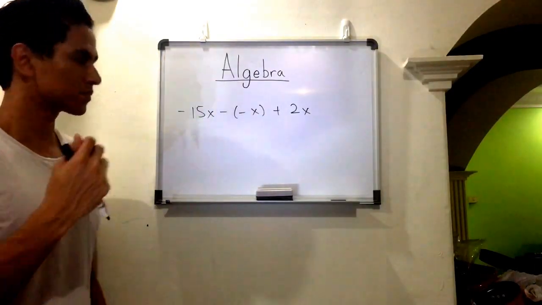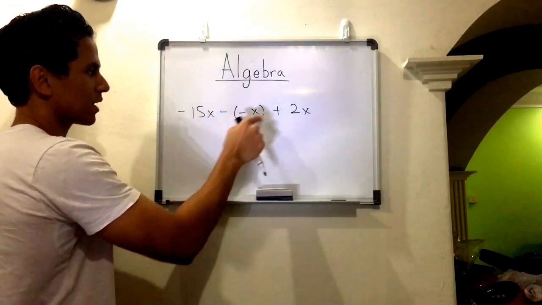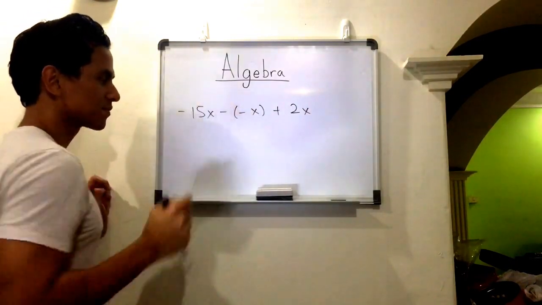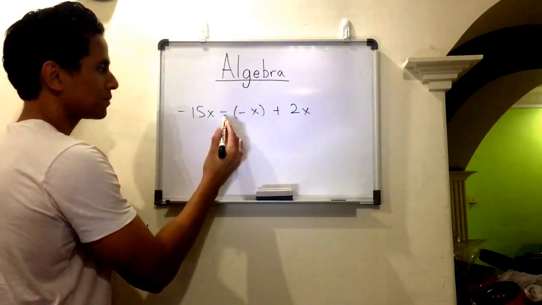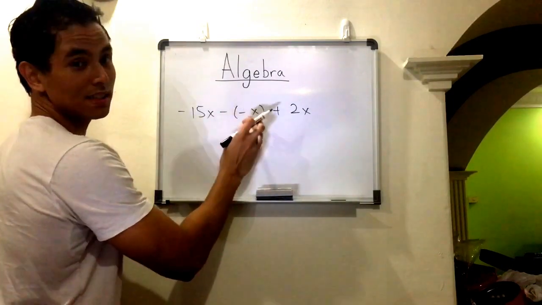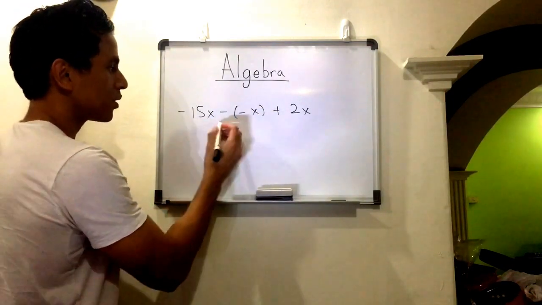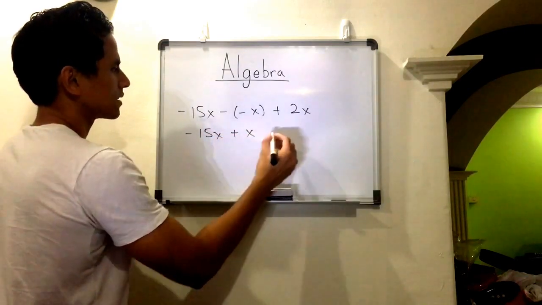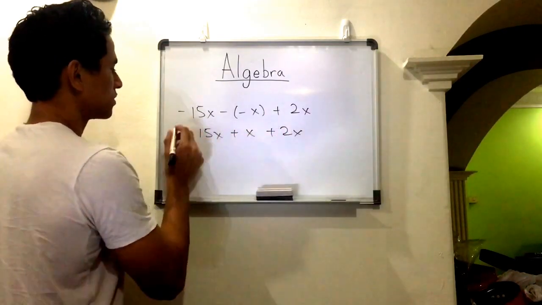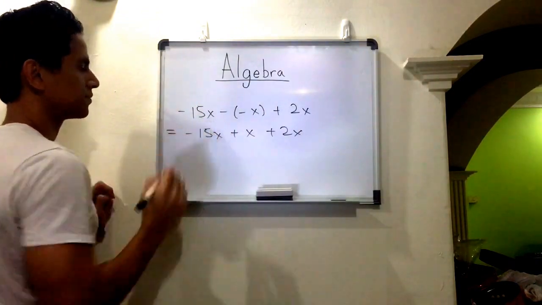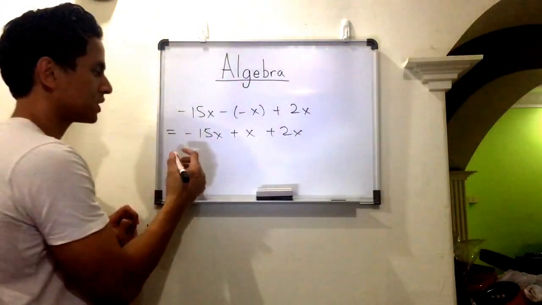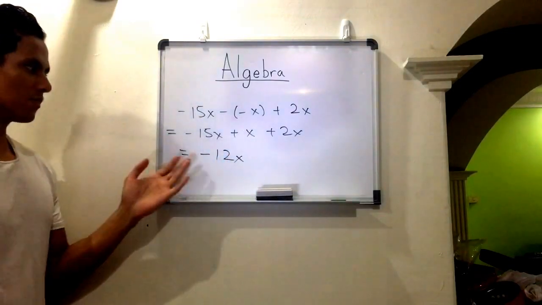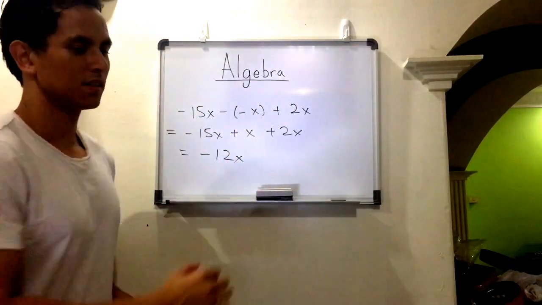We cannot. So therefore, we look around the brackets. You see that the negative is here. So we multiply a negative 1 times negative x, which will give us a positive x. So minus 15x plus x plus 2x. So this whole thing would become this, and then this will just simplify to become minus 12x. So this is the answer for this example.